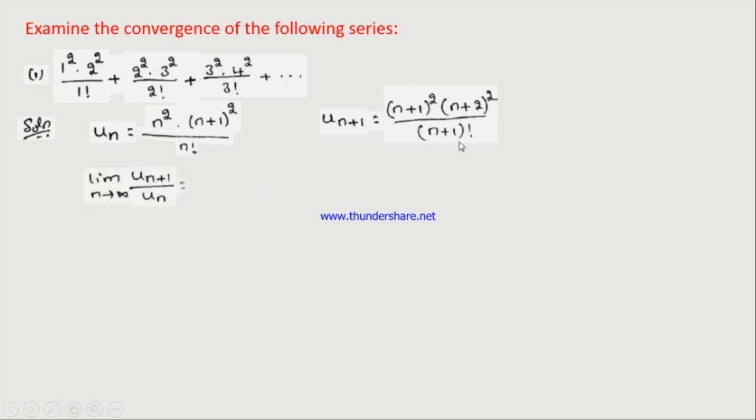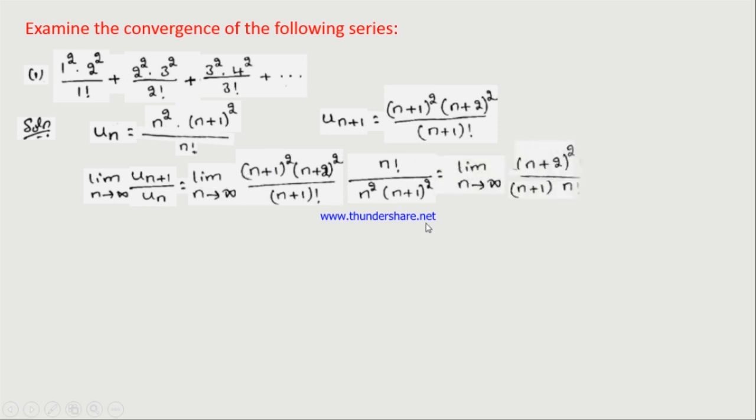Now let us consider the ratio, limit n tends to infinity u(n+1) by u(n). That is equal to, write u(n+1) as it is and take the reciprocal of u(n). Here n plus 1 whole square, n plus 1 whole square cancels and we will get this expression, where n plus 1 factorial is written as n plus 1 into n factorial.